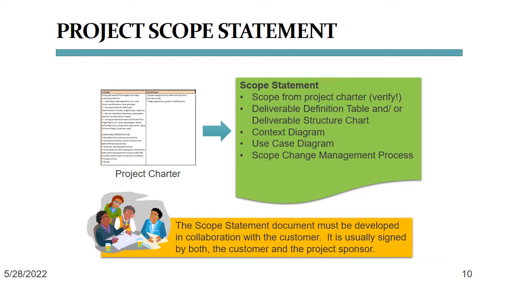Lastly, the scope statement also needs to include a reference to the scope change management process or a description of the scope change management process in itself. That's important in order to avoid scope creep and in order to show the correct way of adjusting project scope should change requests and the change request process be needed.